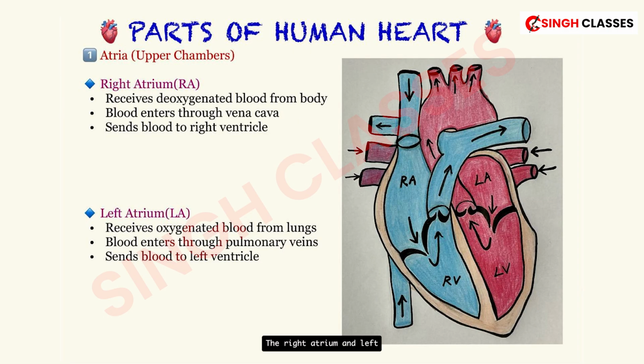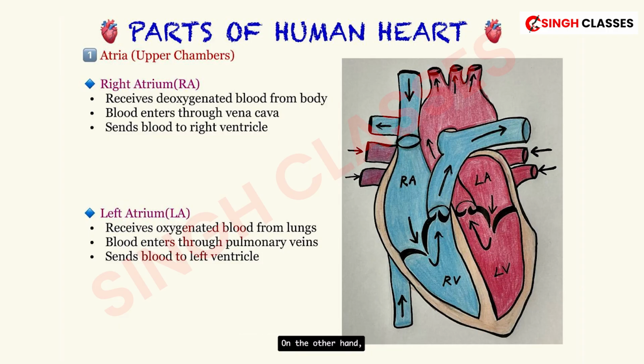The right atrium and left atrium are the two upper chambers of the human heart. The right atrium receives deoxygenated, impure blood from different parts of the body through the superior vena cava and inferior vena cava. This blood is then passed to the right ventricle through the tricuspid valve, which prevents the backflow of blood.